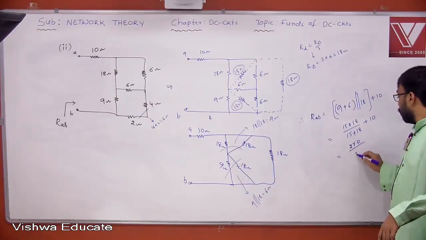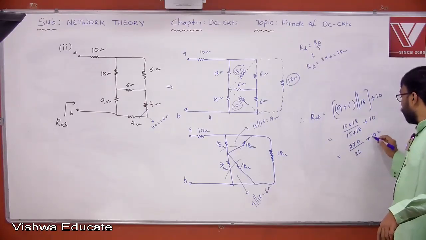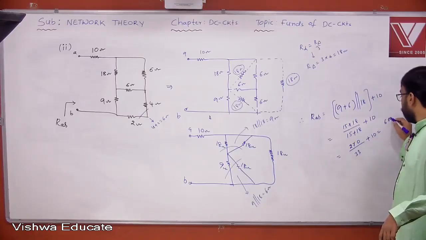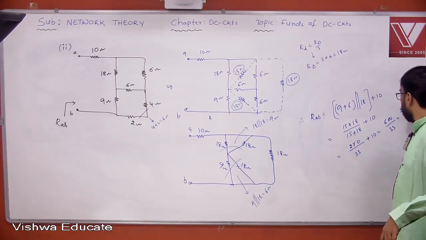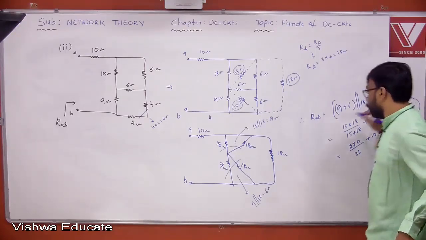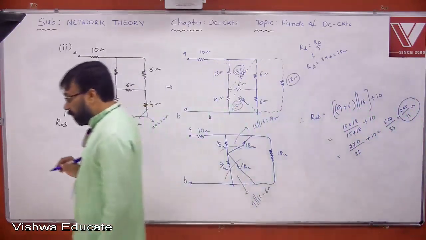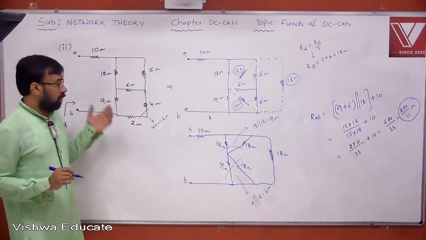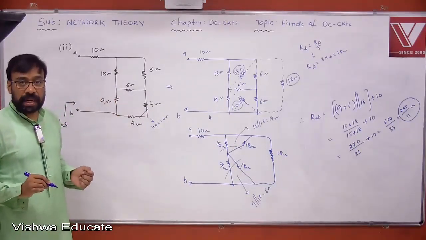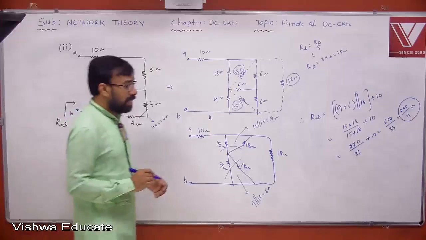This total is 33, plus 10. Finally 330 plus 270, 600 by 33. You get 200 by 11 ohm. This is what your answer. Okay. I think all of you understand how we simplify the network using the star delta transformation. Please note down.